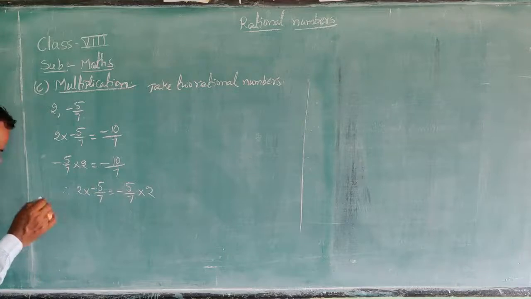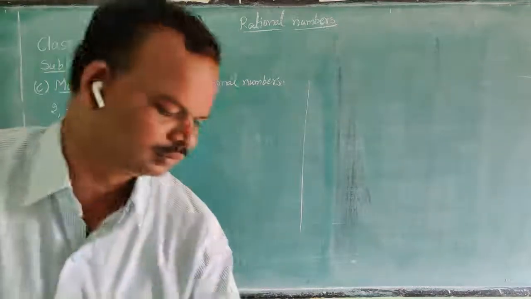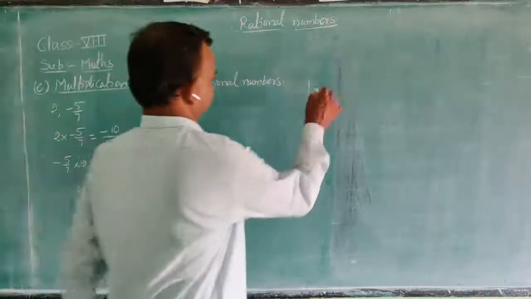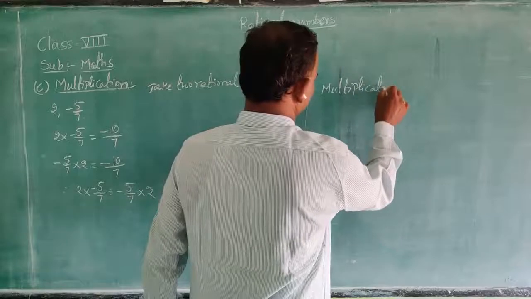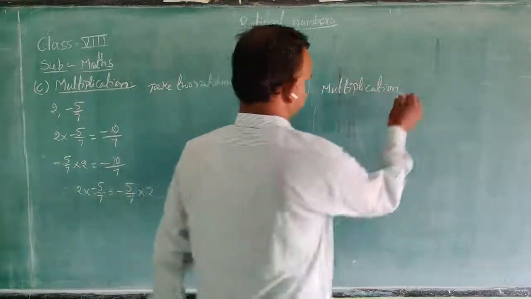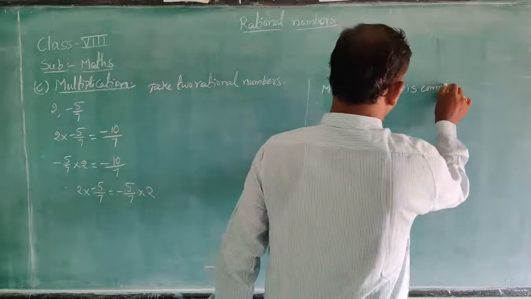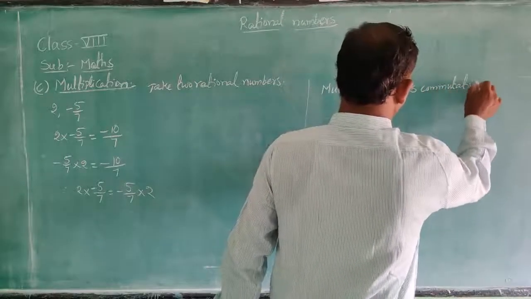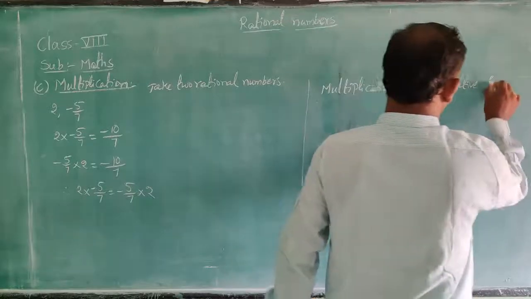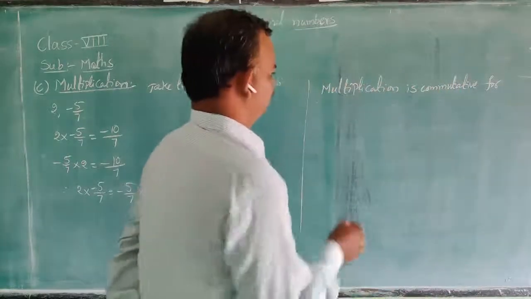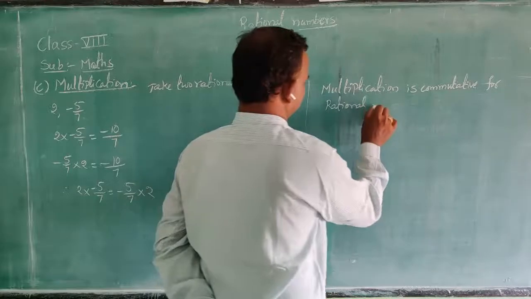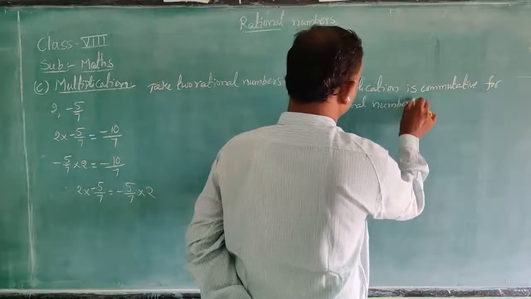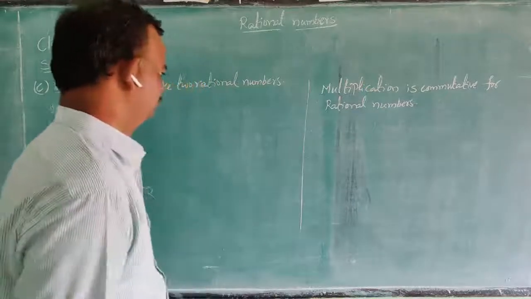So multiplication is commutative for rational numbers.